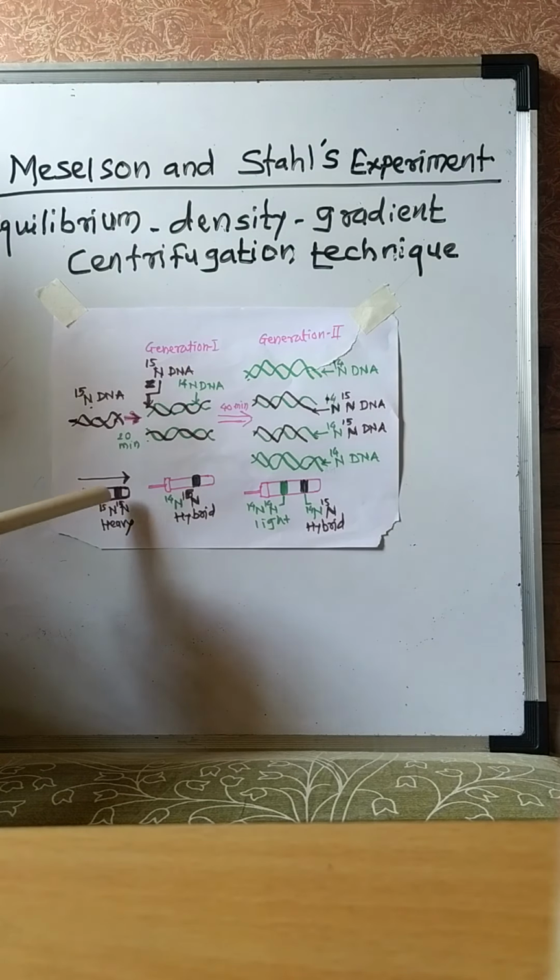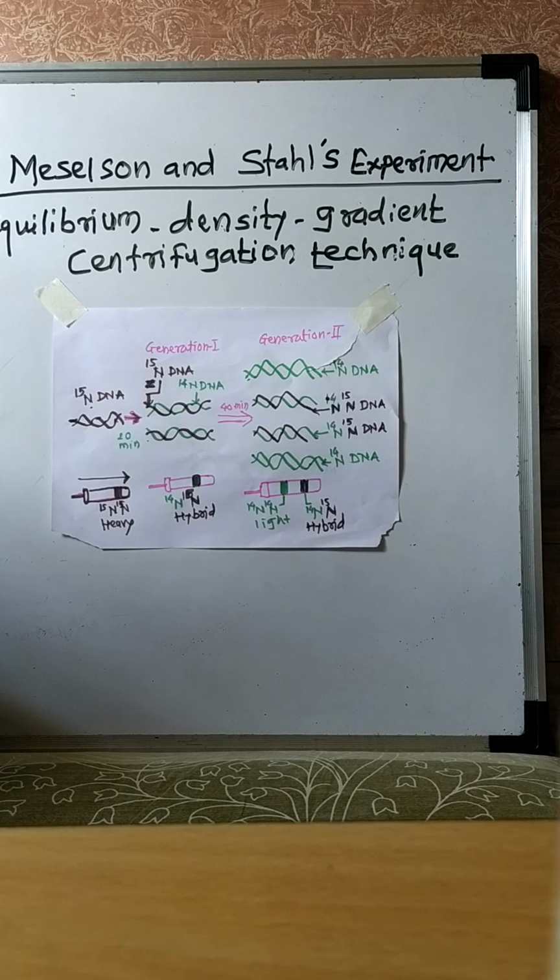Such an equilibrium density gradient band is obtained by using 6 molar cesium chloride, CsCl, and the position of the band is recorded.